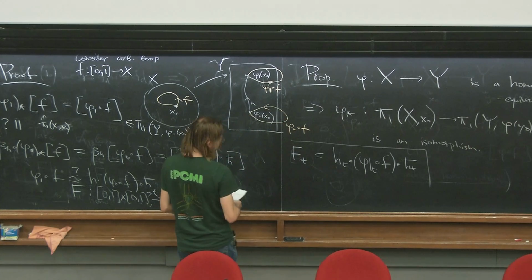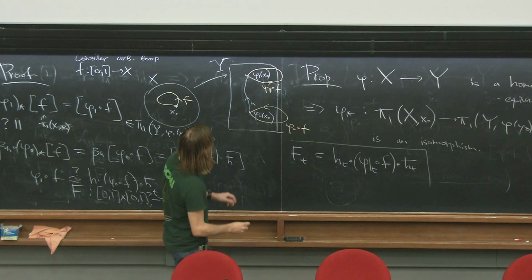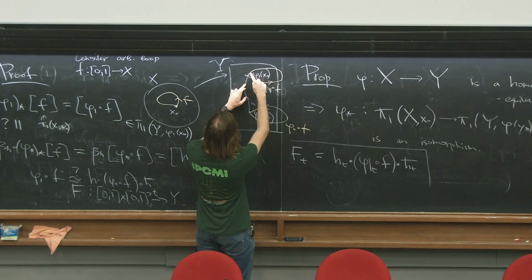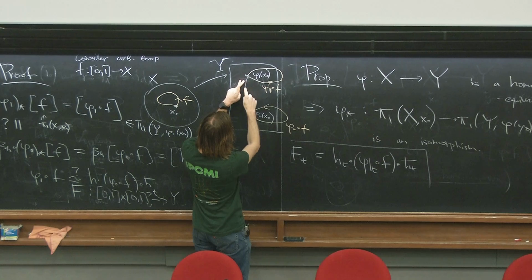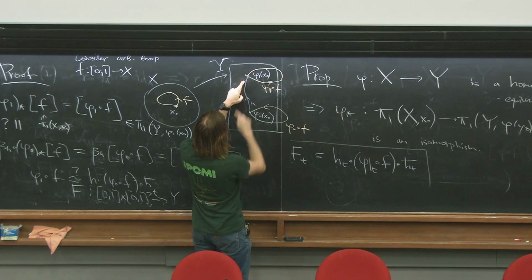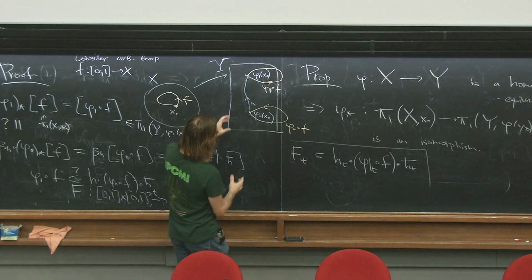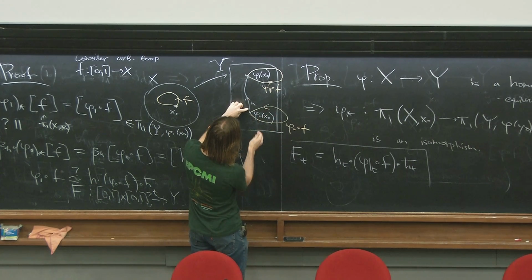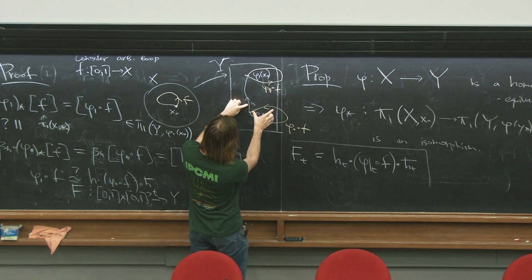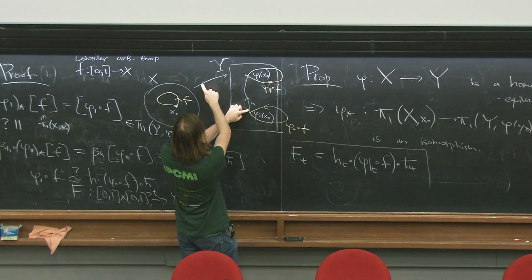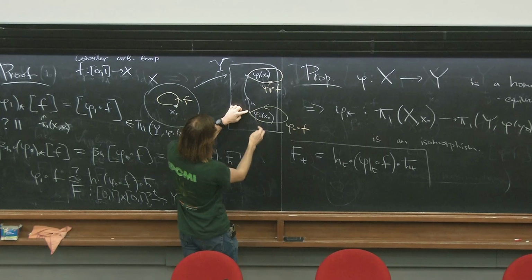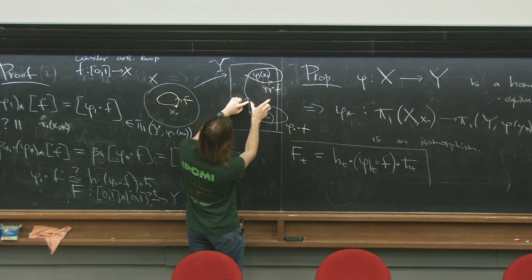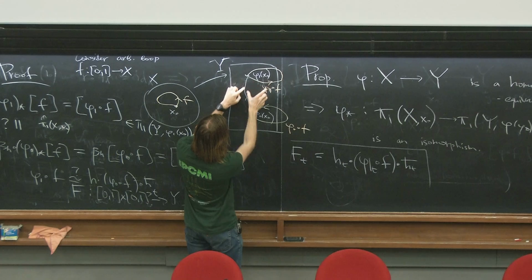So what is h_t bar? We want this to be a homotopy which relates this loop and the loop obtained by going first here, here, and taking it here. To deform one into the other, we can just start deforming this. Use our homotopy between maps from X to Y to move this loop here, and also move this base point.